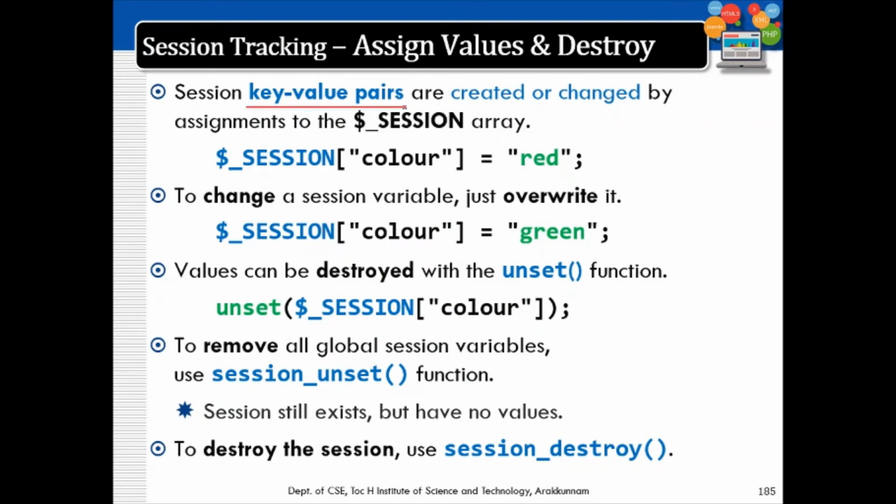Again, these are all key value pairs. As you can see here, $_SESSION['color'] is equal to red. So the first session variable is created as the color variable and its value is given as red. If you want to change it, just overwrite the value. So the same statement is repeated, $_SESSION['color'] is equal to green. Now the session variable will be assigned a new value, green.